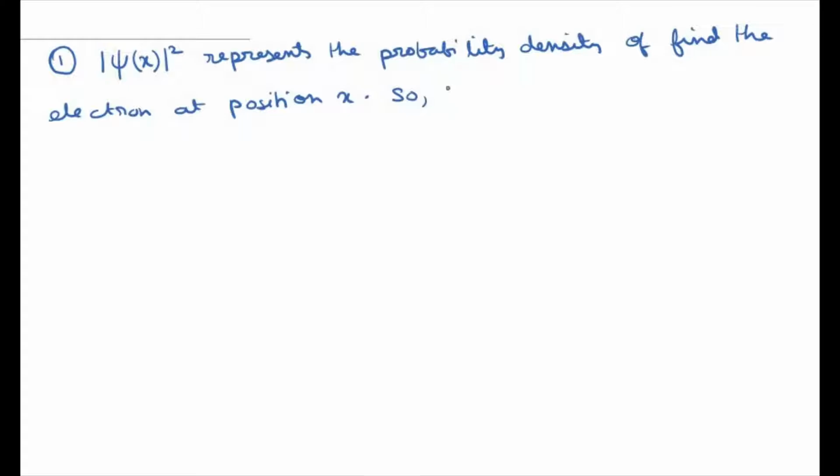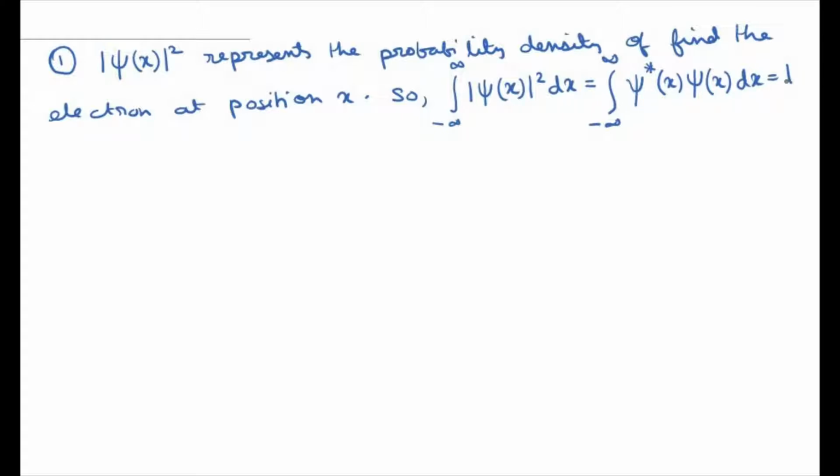And since this is a probability density, the integral from minus infinity to plus infinity of mod of psi x square dx, which is equal to the integral from minus infinity to plus infinity of psi star x psi x dx, is equal to 1. So this is the first point.